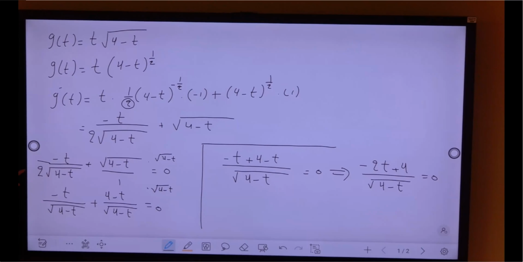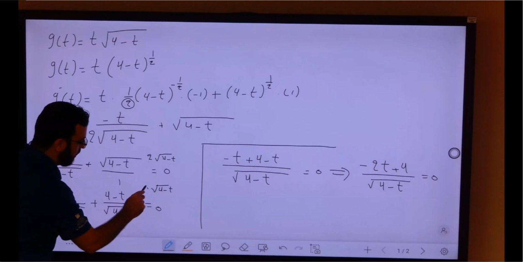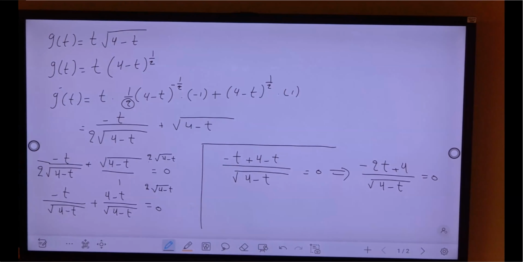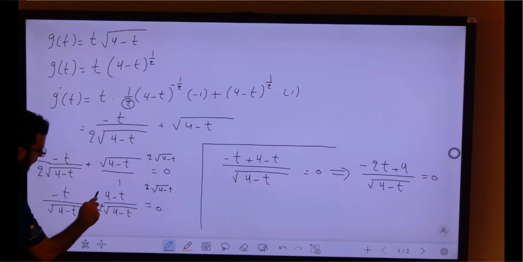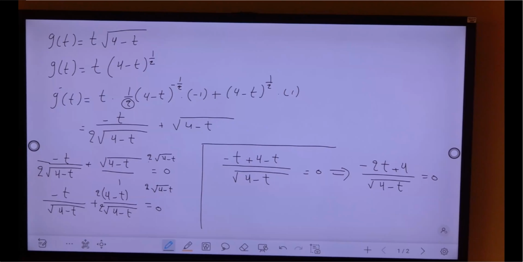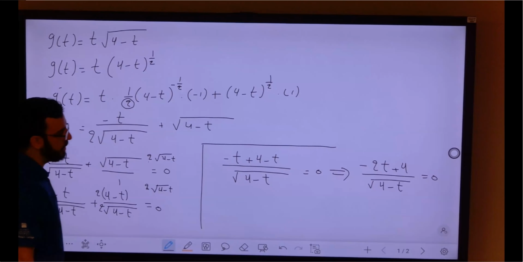So here's 2. I'm going to multiply everything here by 2. I need to get the same denominator. That means here is going to be 2, and here is going to be 2 times 4 minus t. See, it makes a huge difference because we have 2 here. So now when you distribute this 2, it's going to be 8 minus 2t.